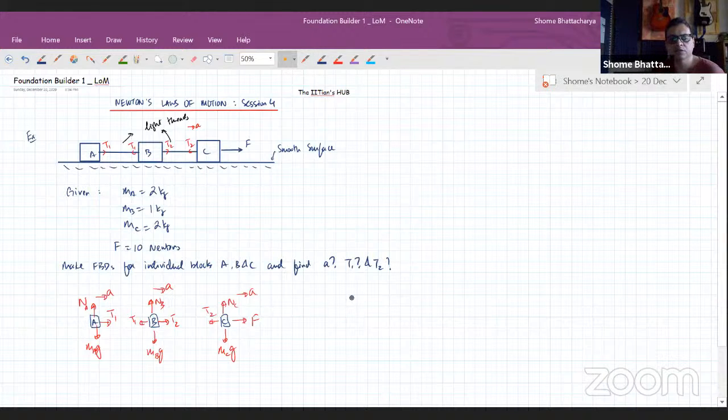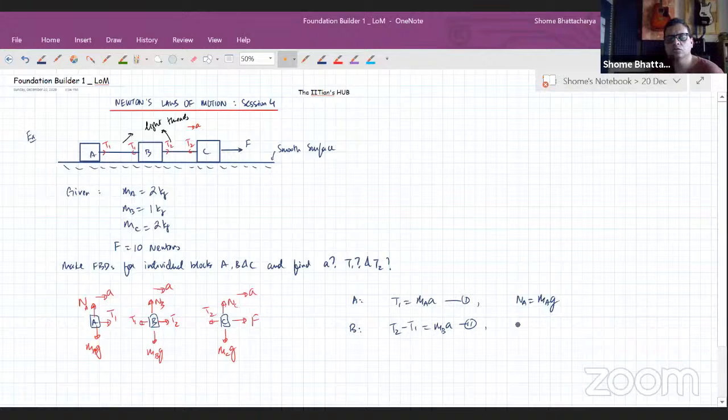So now we can write the equations for the individual blocks. For example, for the block A, we have the equation T1 is equal to mass into acceleration. And the vertical equation, normal reaction, is balancing the weight. For the block B, we have the net horizontal force T2 minus T1 is mass into acceleration. So let's say this is our equation 2, and normal reaction is balancing weight. And for the third block C, we have the net horizontal force F minus T2, and that is equal to mass into acceleration.